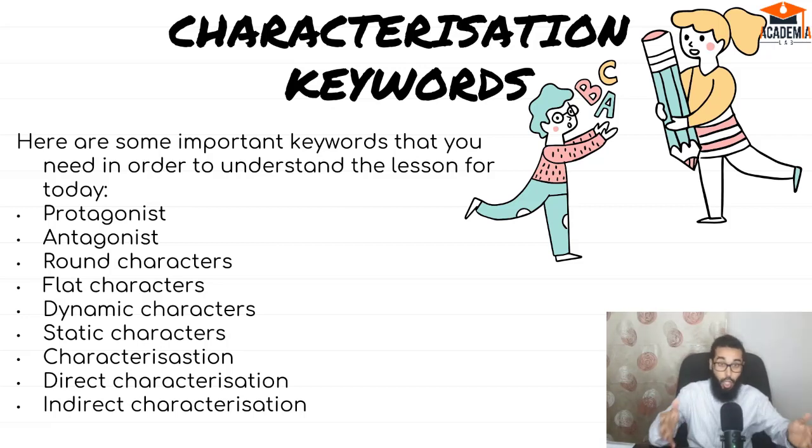Some of you know what the word protagonist means and others don't. I want you to do some research and write a definition for each of the following: antagonists, round characters, flat characters, dynamic characters, static characters, characterization, direct characterization, indirect characterization as well. These are the keywords that I want you to look into in this lesson.